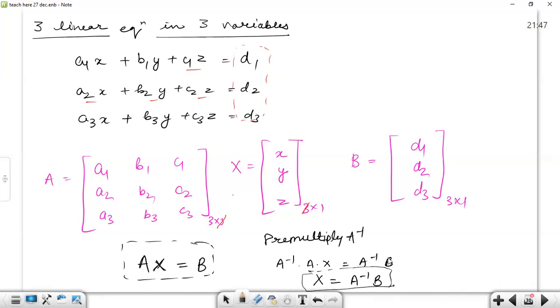This is how we can solve by finding some matrices.